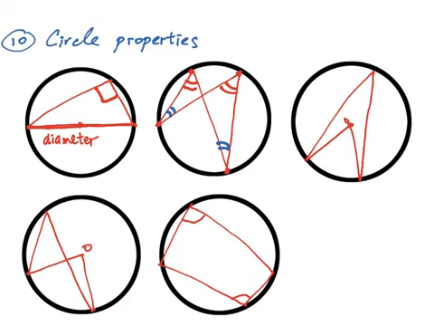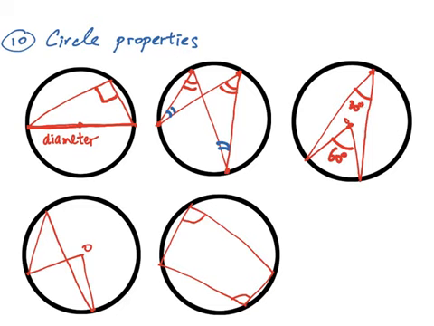Next one is about the center and the circumference. Angle at center is twice the angle at circumference. For example, if it is 60 degrees, then it is 30 degrees.